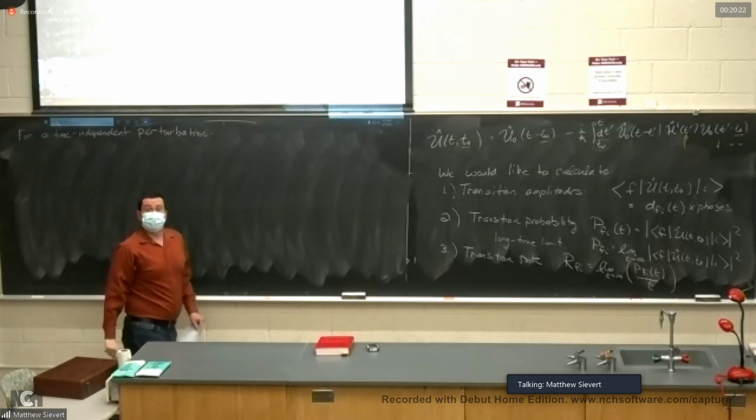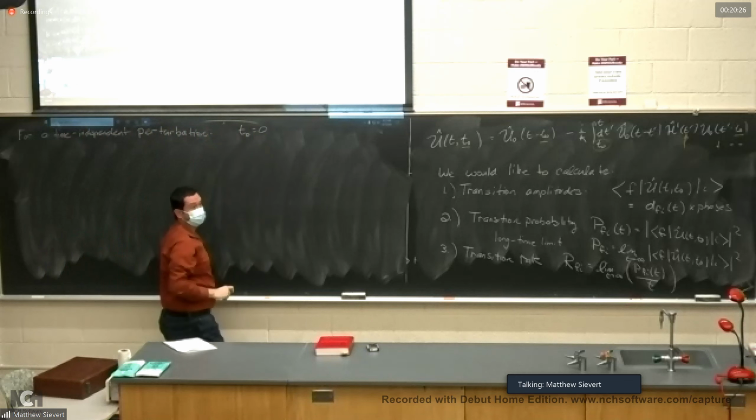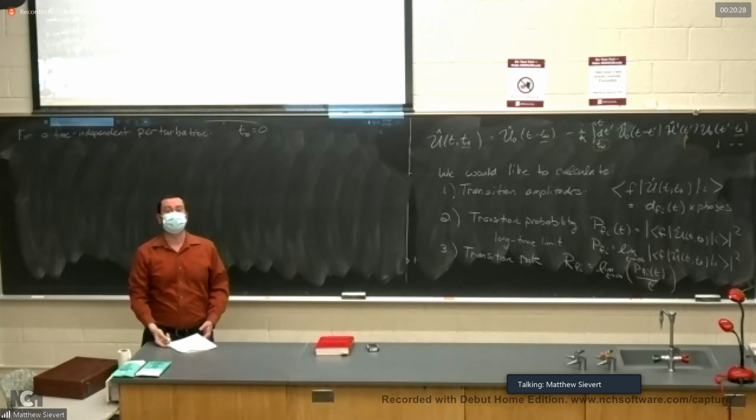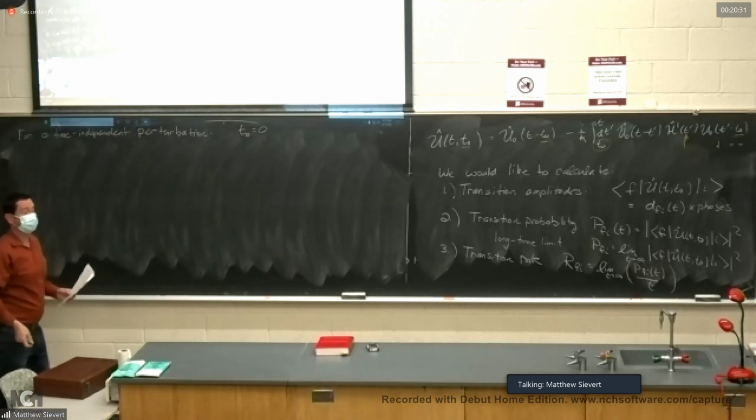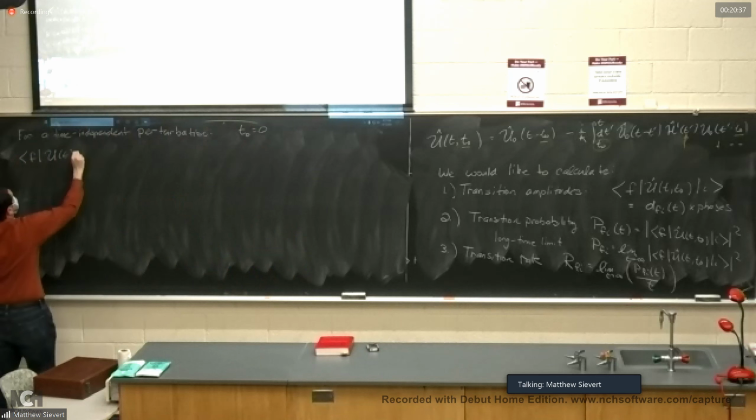Let's start with the same case that we discussed before, where I'm starting off with an initial condition at t0 equals 0, and I'm asking what is the amplitude or the probability to find myself in state F at a later time. So here I'm writing state F, U of t, I. I won't write the 0.